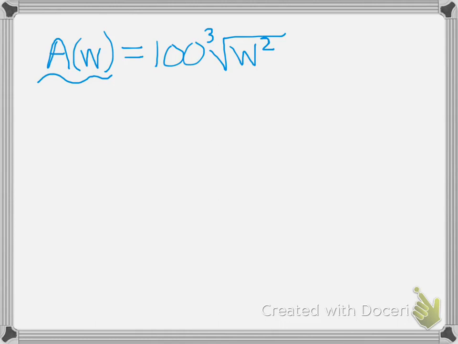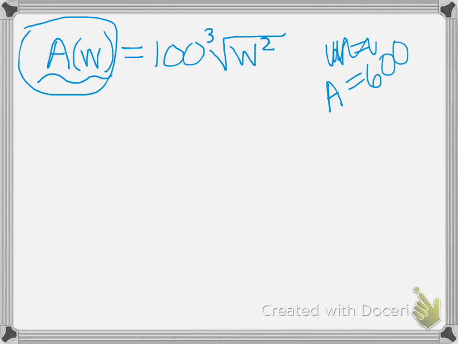Actually, this is the area of the wing in square inches. So what if they say that the area of the wing is 600 square inches? Then I can use this 600 to plug in here.